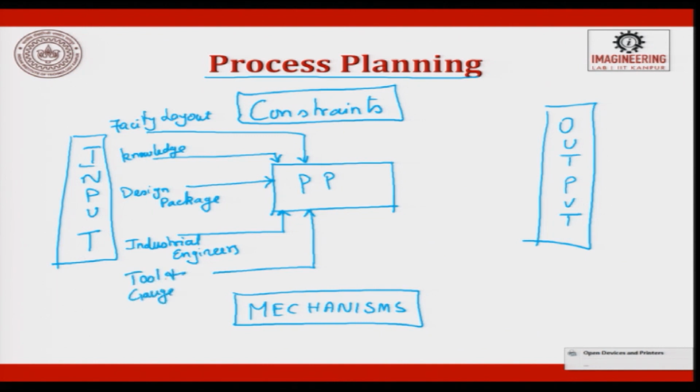Tool is for machining, gauge is for verifying, validating the machined part, designer. So, he gets the input from all of them, and then he is a process planner.